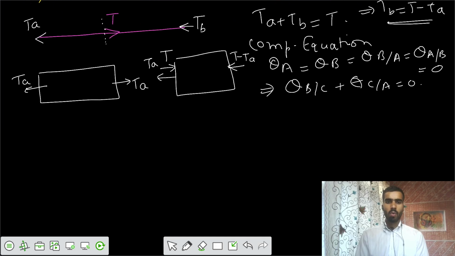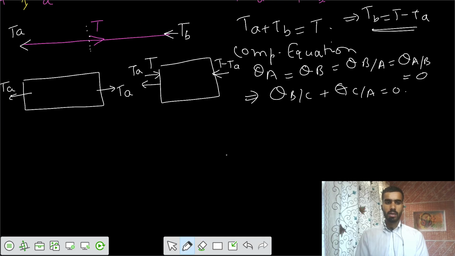Now we can say one is negative and the next one is positive. If you make the TMD, you are going in this direction, your traverse is in this direction, but you are facing TA in the opposite direction. So I have to make it negative TA.